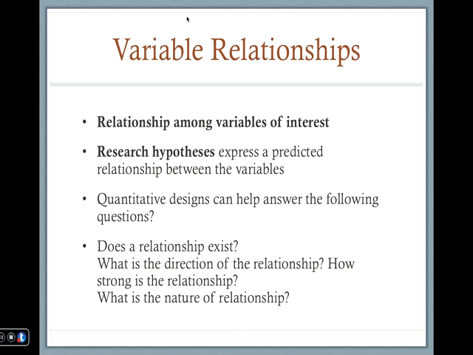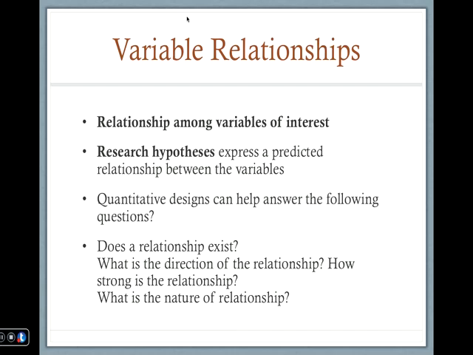When we talk about variable relationships, we talk about relationships between variables of interest. So, is there a relationship between X and Y? A research hypothesis will express a predicted relationship.